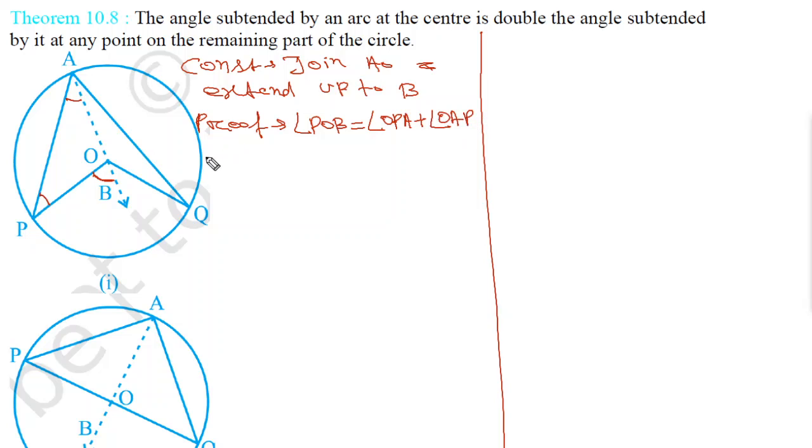Okay, but this triangle is an isosceles triangle. You can write OA is equal to OP. So these two angles will be equal.